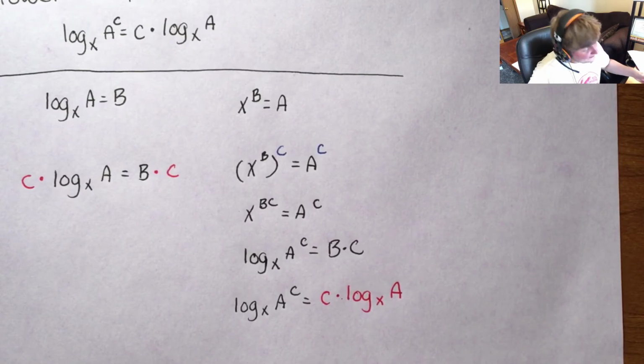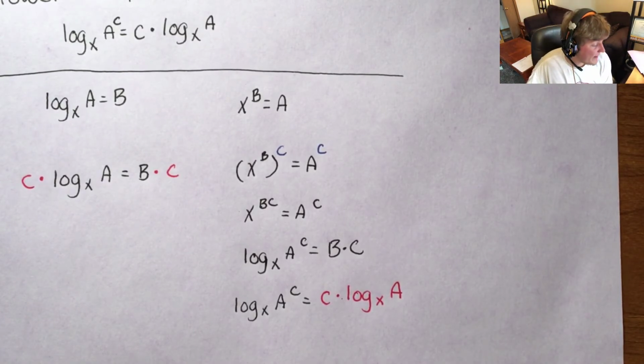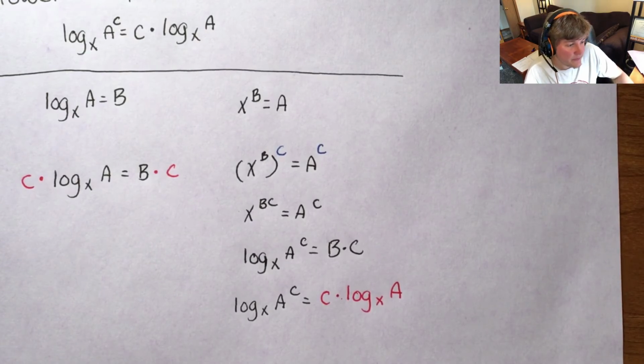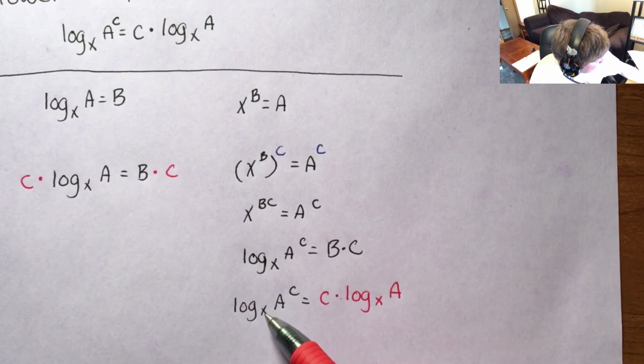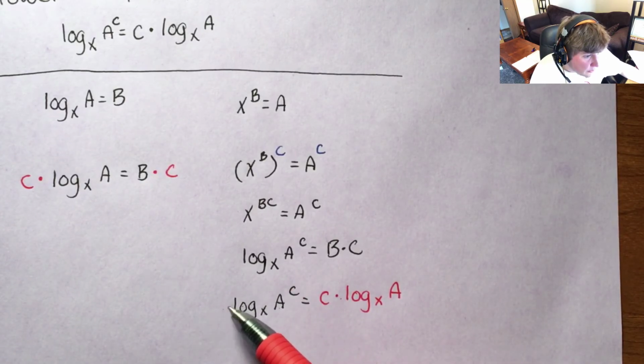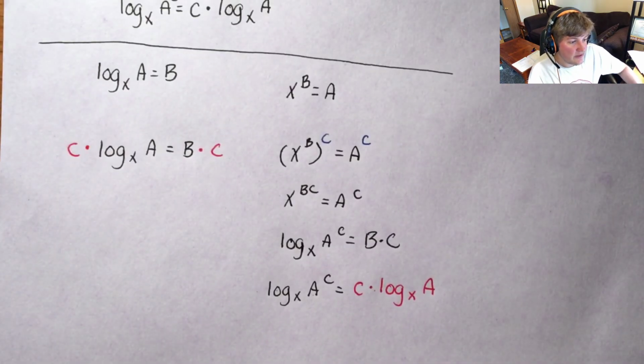That is the power property of logarithms. Again, what that is saying is if I have a logarithm base x of a number to a power, I can pull that power out and multiply it by the logarithm with that exponent absent.